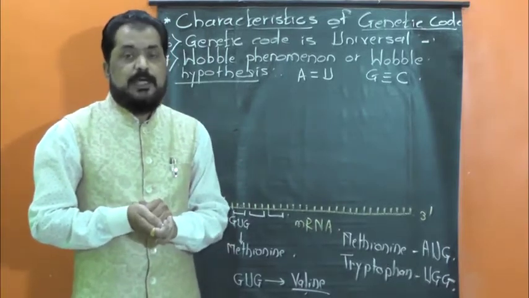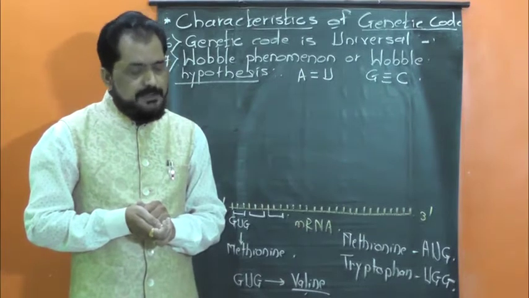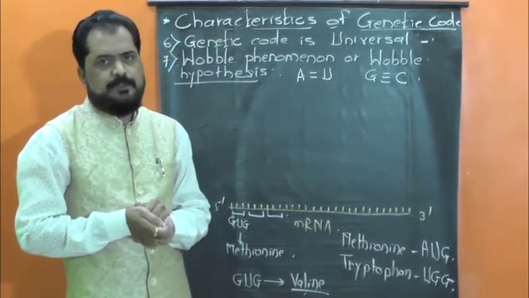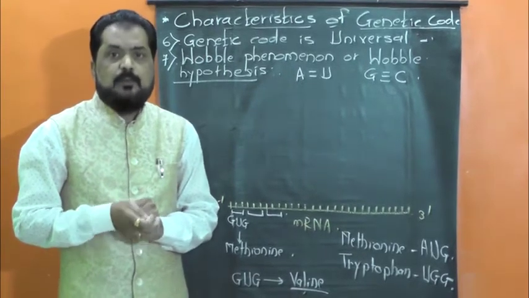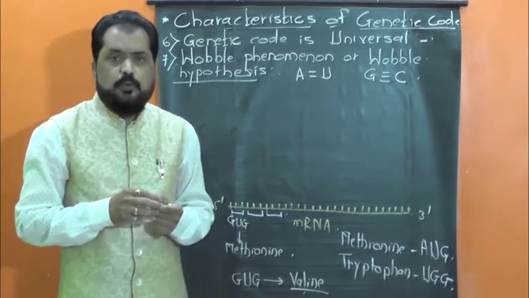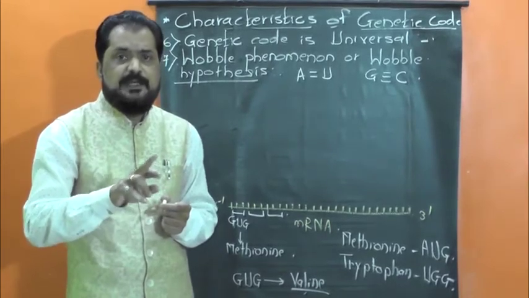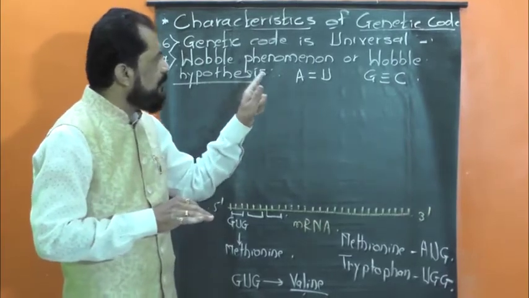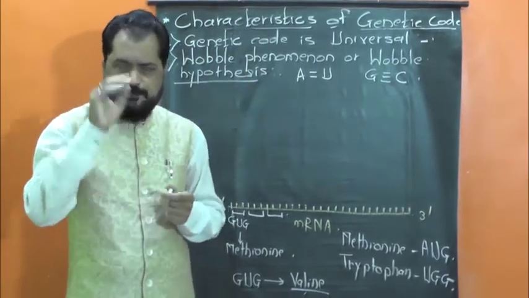Now the ability of transfer RNA, listen, the ability of transfer RNA to form pairing to more than one codon in messenger RNA due to unusual base pairing present at the third position is known as Wobble phenomenon or Wobble hypothesis. परत एकदा मी रिपीट करतो.